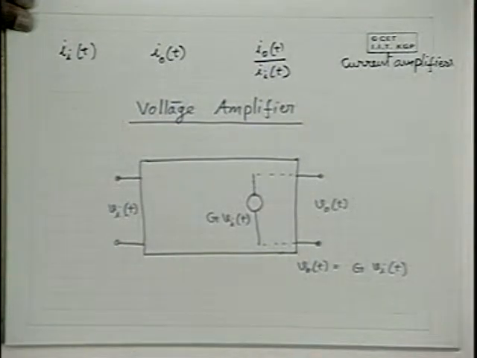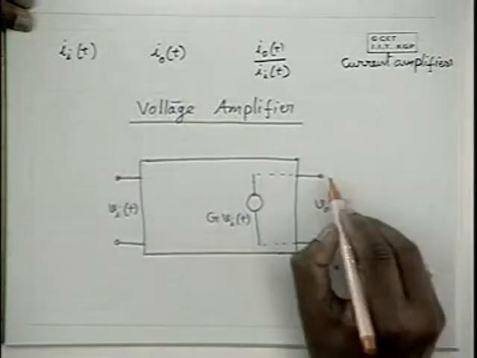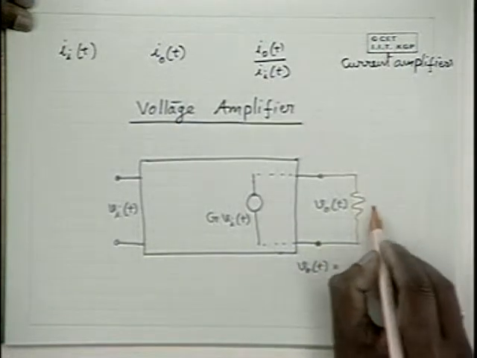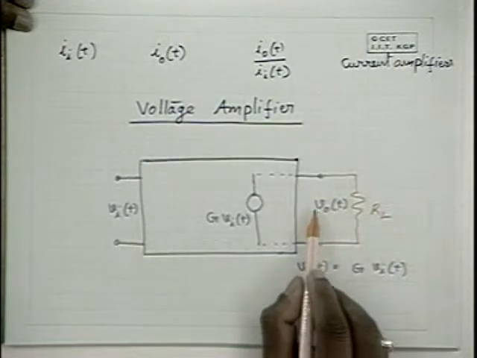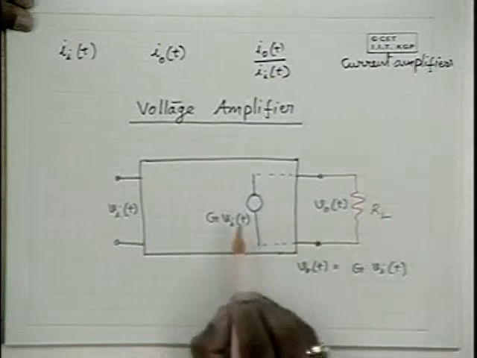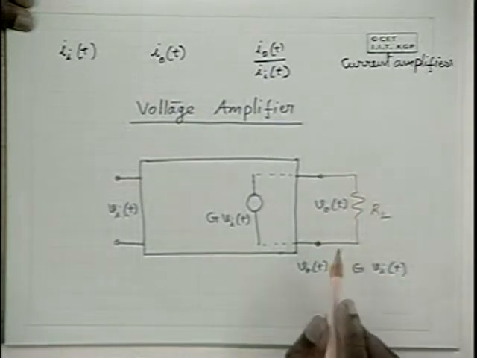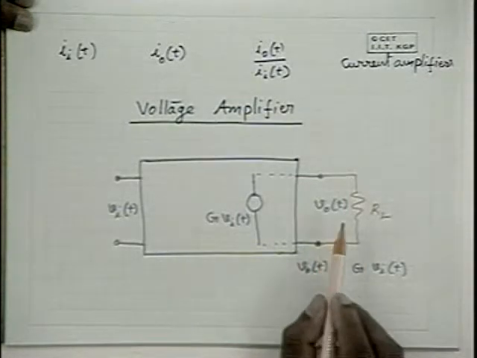But when you connect a load resistance, what do you find? Do you find the output voltage to remain constant at V_OT independent of R_L?